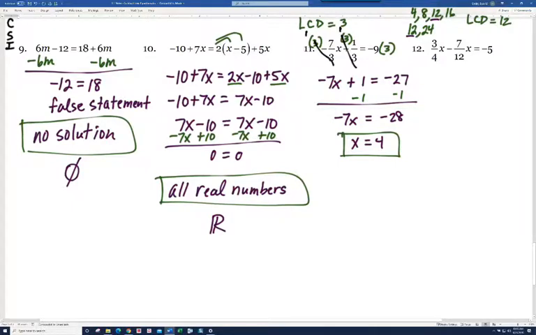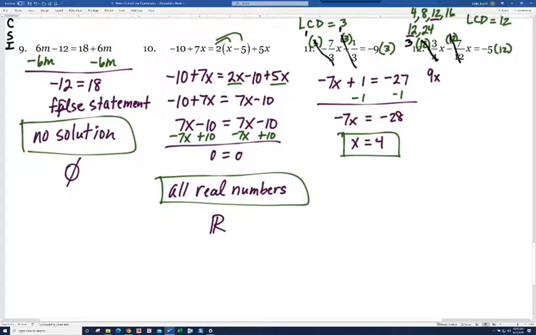We're going to multiply each of our terms by 12. So let's see. When we multiply 12 times 3/4, 12 divided by 4 is 3. And 3 times 3x, well, that's going to be 9x. And then we have 12 times 7/12.